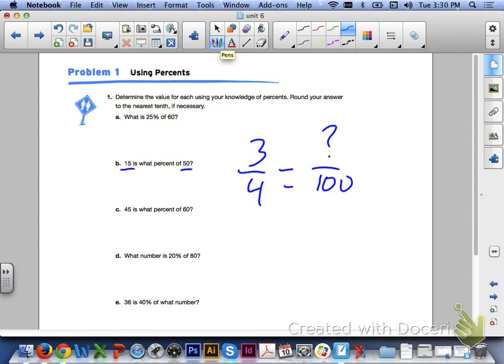And now I can convert fourths to hundredths. To convert fourths to hundredths, I would have to multiply by 25. And 3 multiplied by 25 would be 75%. So 45 is 75% of 60.